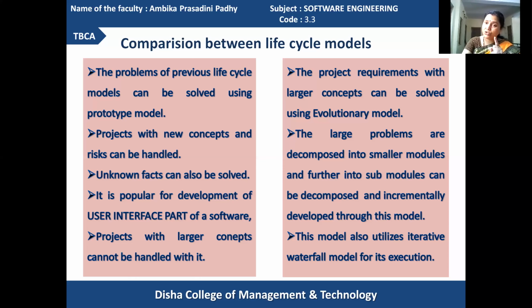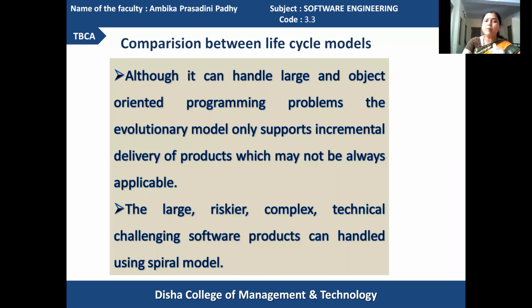There is also a solution. We can use the concept of the spiral model, in which larger systems with object-oriented features of an evolutionary nature can be solved. And when the system is larger, riskier, complex, and also has technically challenging concepts, then also the spiral model can be easily implemented there.